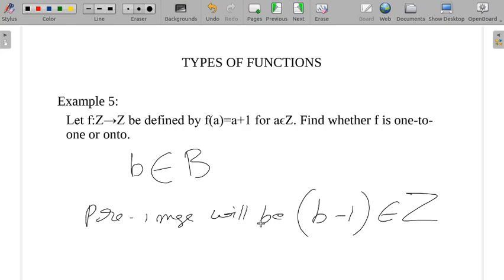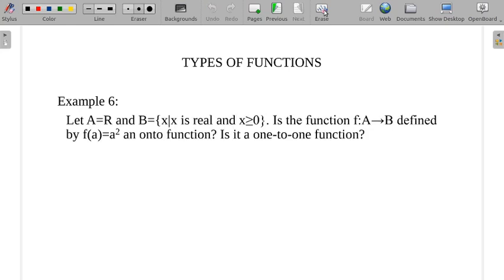Therefore it is both one-to-one and onto, and you can also say that it is a one-to-one correspondence. It was not asked, but as it is both one-to-one and onto, you can conclude that it is a one-to-one correspondence also.